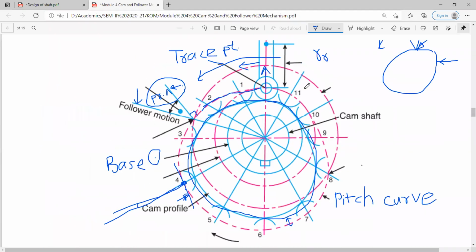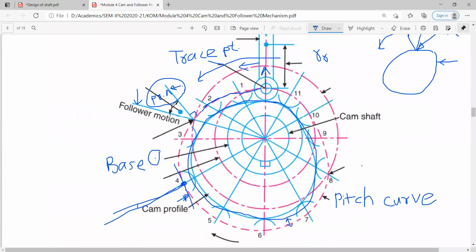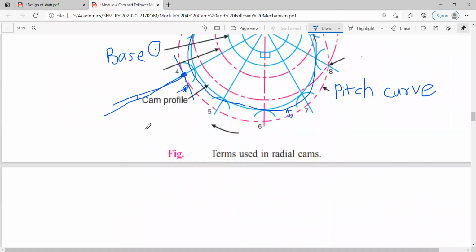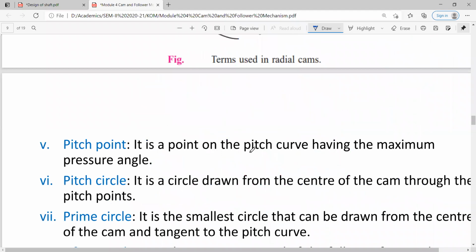We have already seen that the pressure angle is not constant over the complete pitch curve, it varies from point to point. The point where the pressure angle is maximum on the pitch curve is known as pitch point.